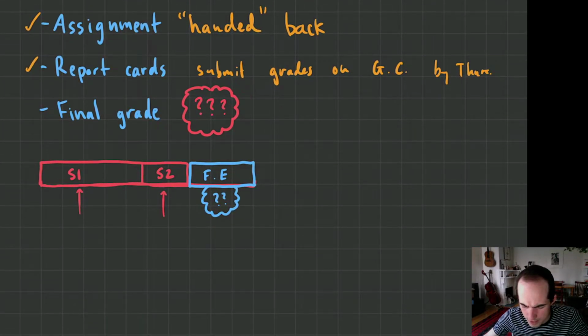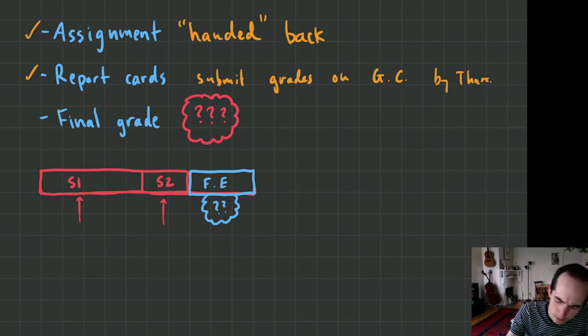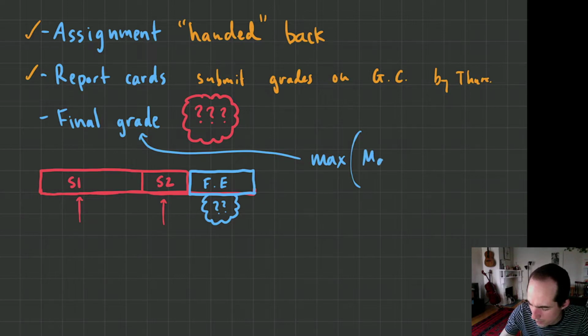No, so that's saying the lowest that your upcoming report card grade can be. Your final grade is going to be the maximum of two things: your March 20th grade, or your current grade.